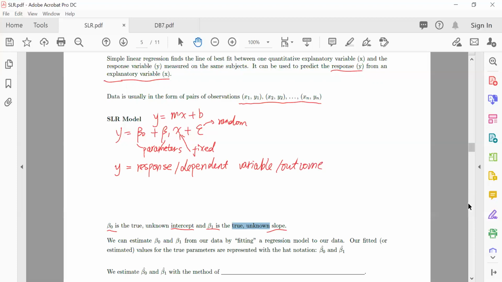We usually will call x the explanatory variable, or independent variable, or predictor.